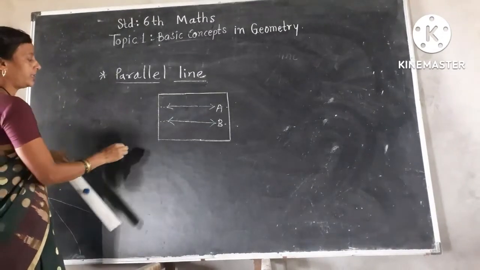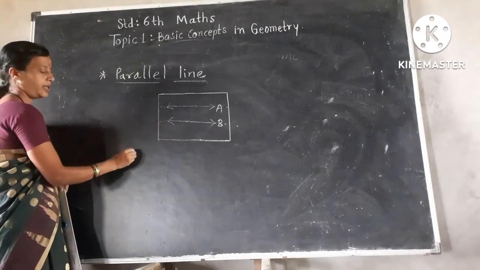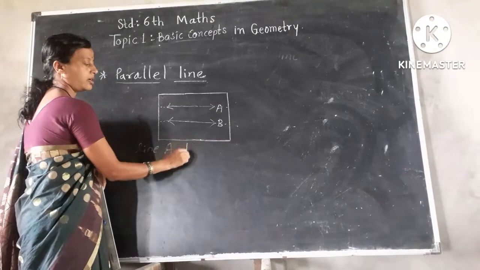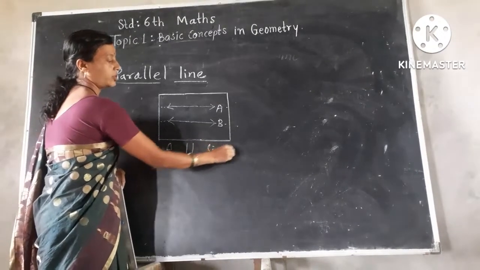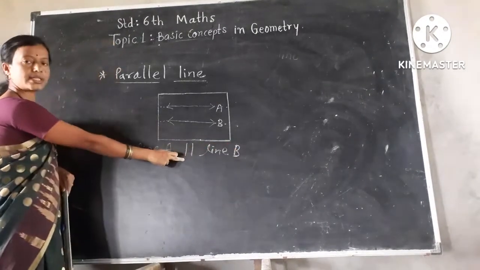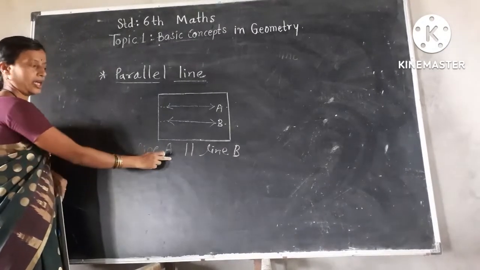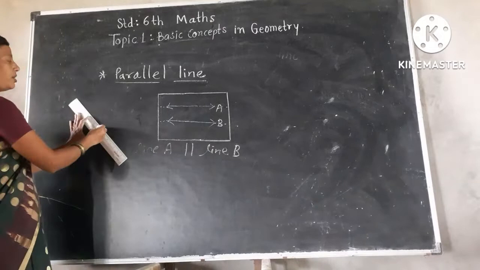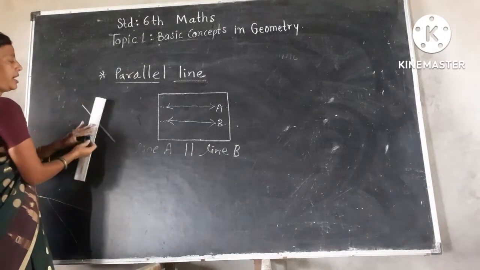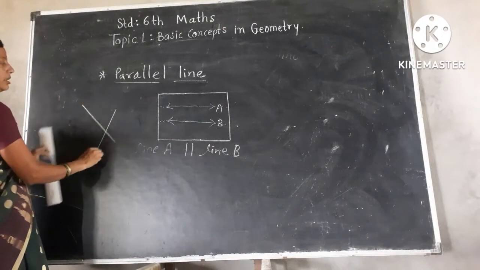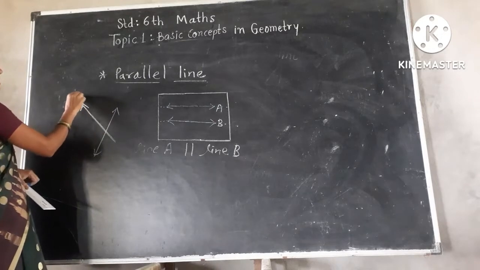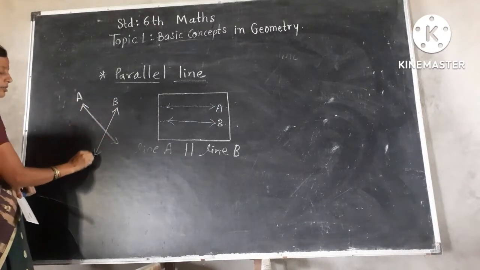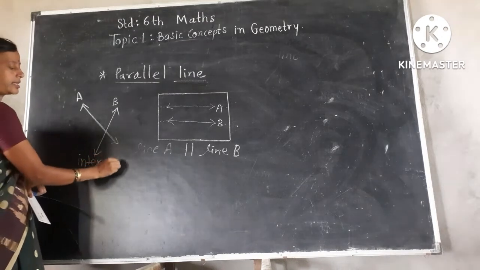I can draw here line A and line B. Line A and line B are parallel to each other. This is the sign of parallel. Line A is parallel to line B. But I can draw line A and line B in this way, then these are intersecting lines.